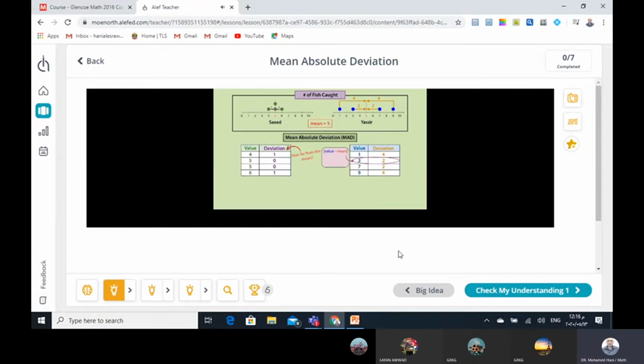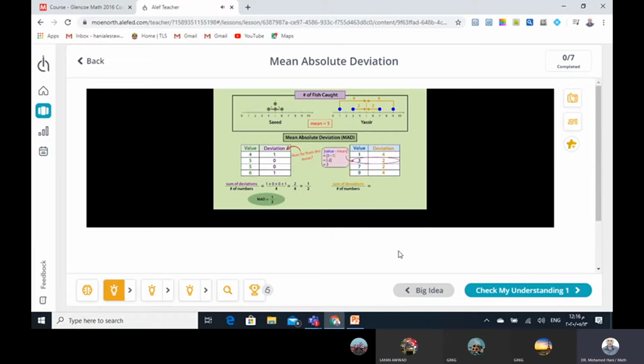For instance, the absolute value of 3 minus the mean of 5 equals 2. Great! Now, to find the MAD, we find the mean of these values. We add the deviations together and divide by the number of data points.